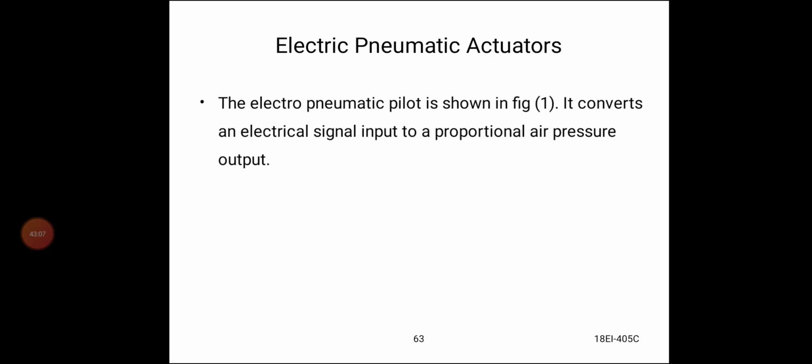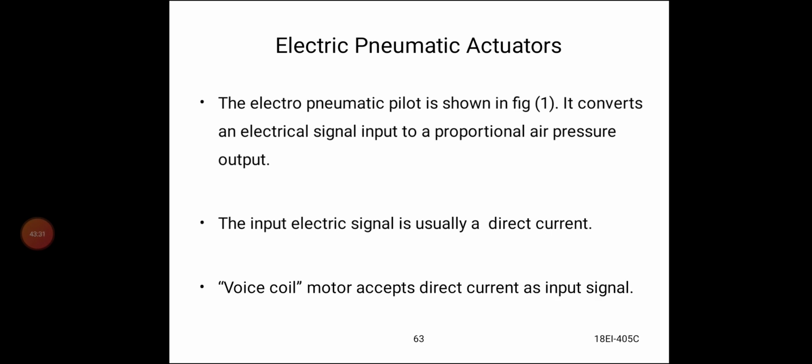The electropneumatic pilot, as shown in the figure, converts an electrical signal into a proportional air pressure output. The input electrical signal is usually a direct current. The voice coil motor accepts the direct current as the input signal.